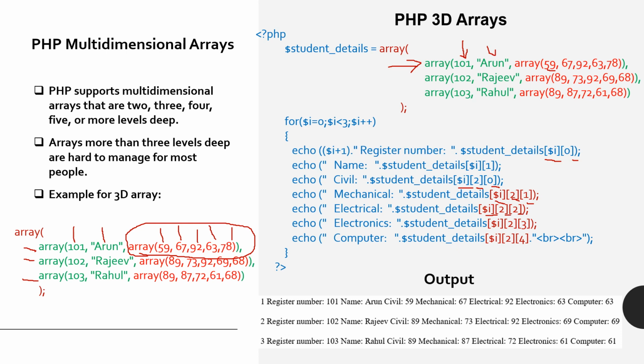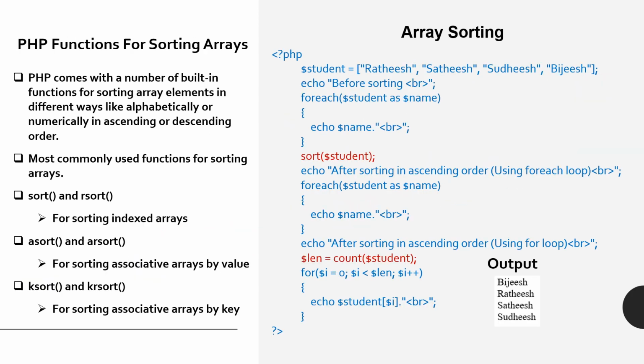Like that, all subjects. This is the way we can access. Now the same output you will get. See, this is about three-dimensional arrays. Now we are going to discuss about array sorting.